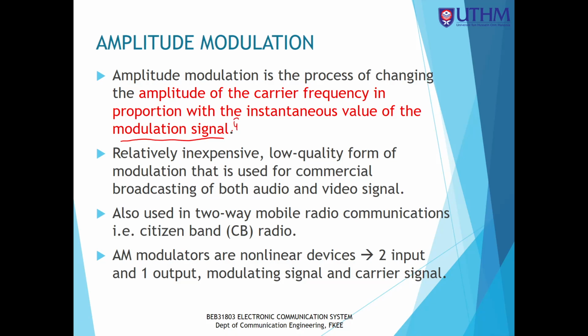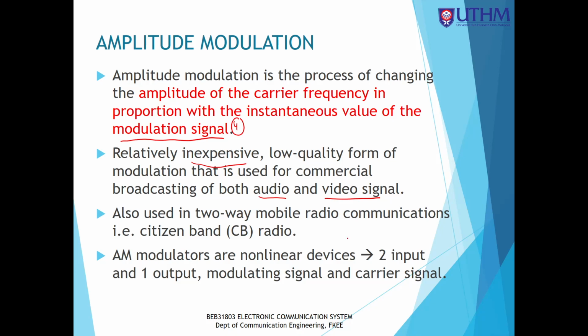So amplitude modulation is the process of changing the amplitude of the carrier in accordance with the amplitude variation of the input message. AM is a relatively inexpensive, cheap, low quality form of modulation that is used for commercial broadcasting of both audio and video signals.